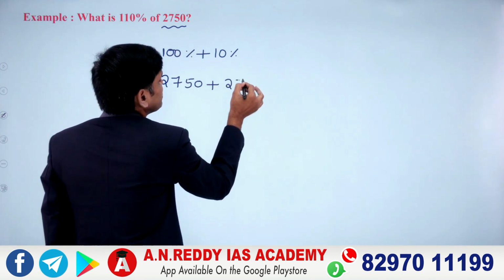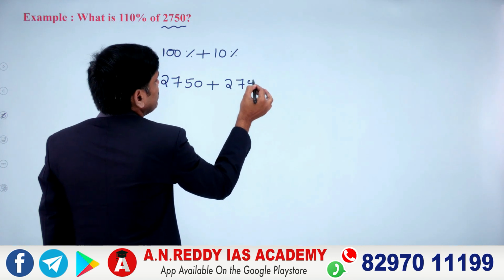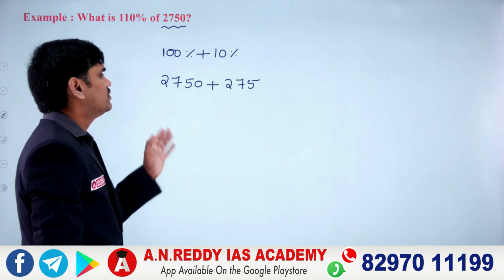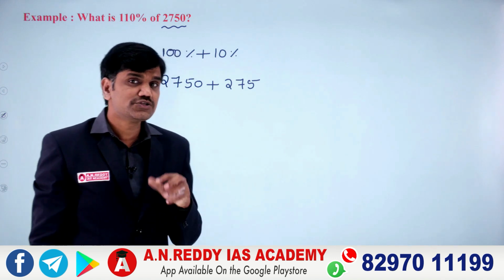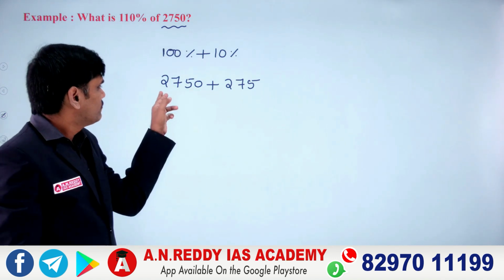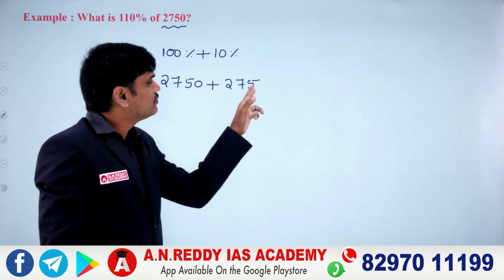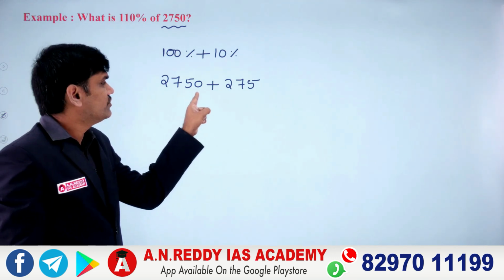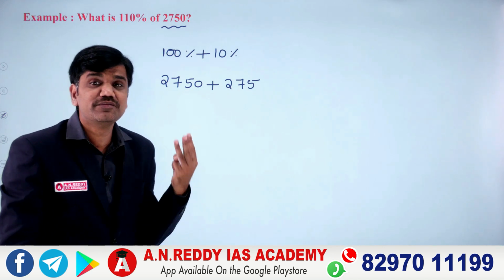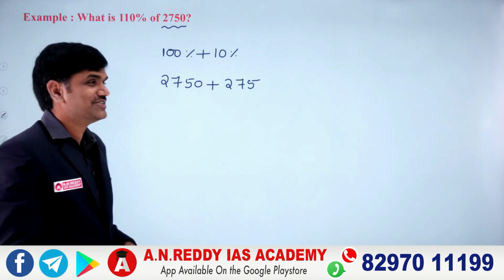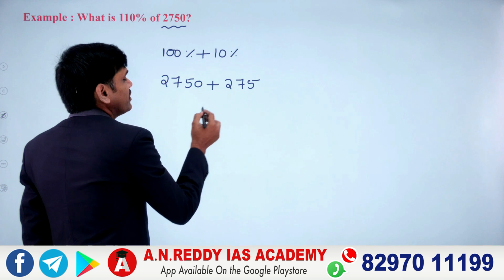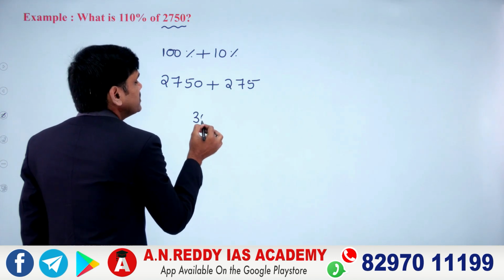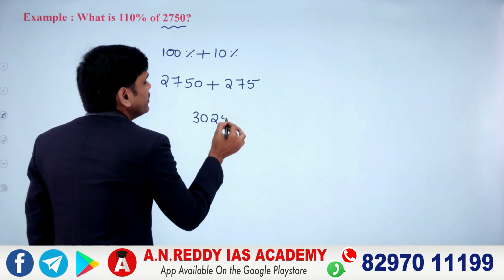That's why 275. For 2750 you add 275. While adding also use some tricks like this. For 2750 you add 250, so that it will become a round figure. For 2750 you add 250, that will become 3000. How much more you should add? 25 more, hence it will become how much dear? 3025.